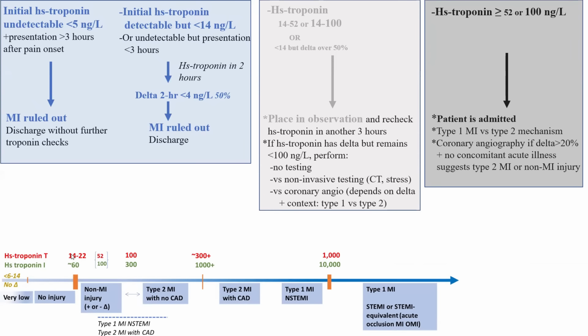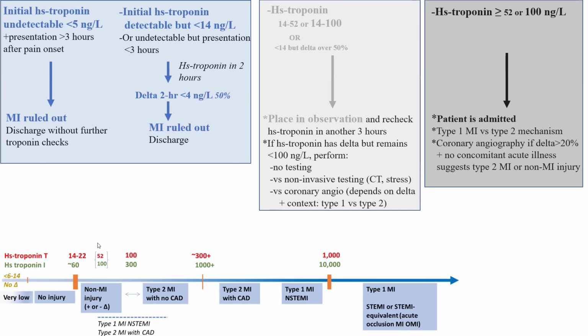Below MI cutoff, below this 14 to 22 for troponin T, you have very low values that are either undetectable, less than 6, or detectable but with very low delta, less than 4 in absolute. In this zone, if you use a relative value, we use 50%, but we tend to use absolute delta.